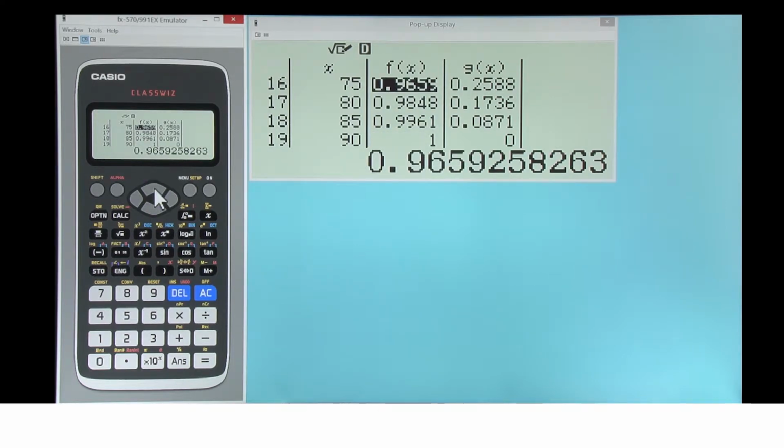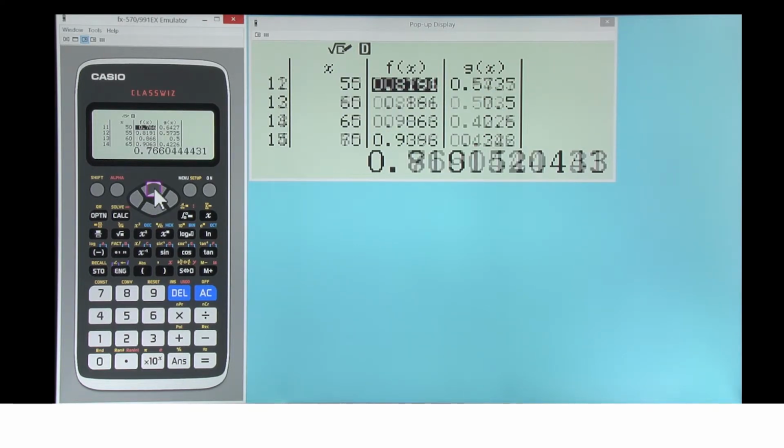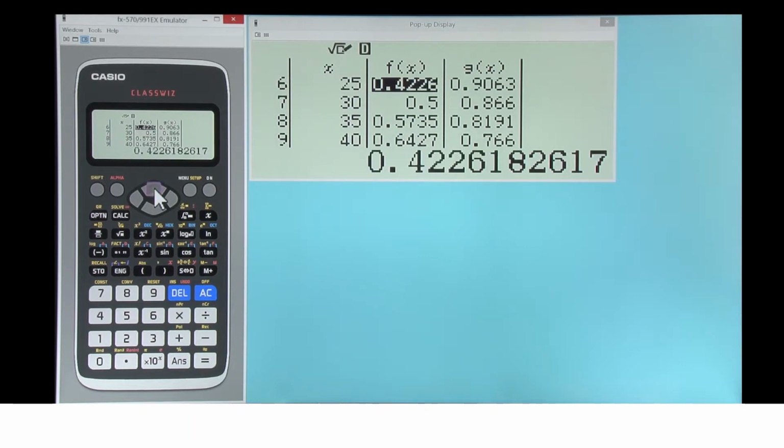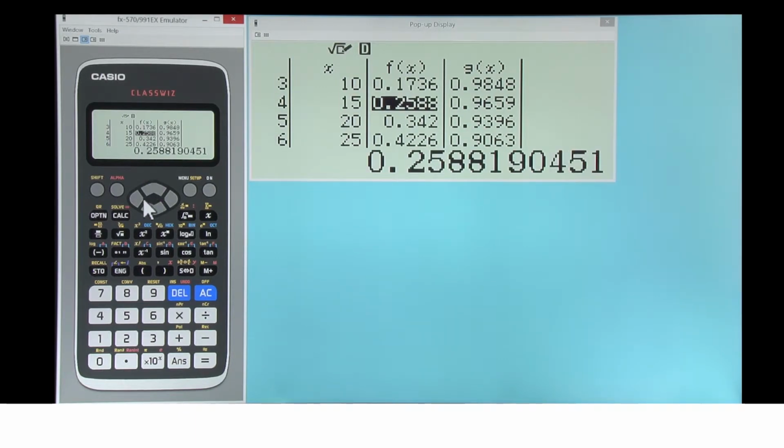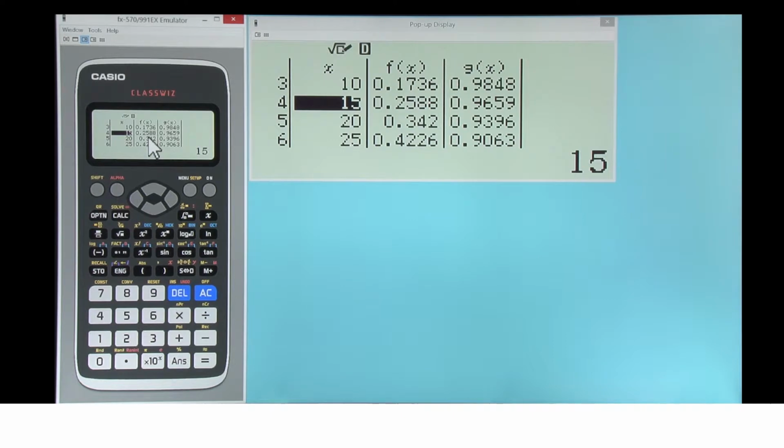So for example, let's change our 15 for instance. The sine of 15 is 0.2588. If we change it to 75, we can see that the cosine of 75 is 0.2588.